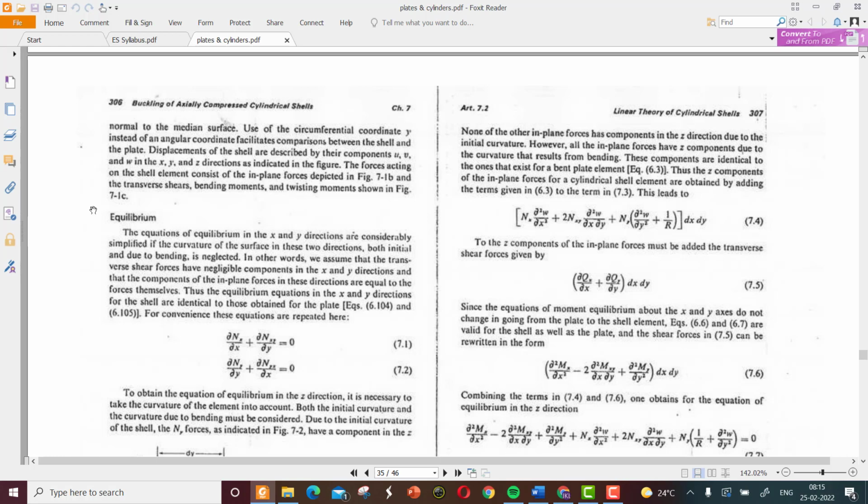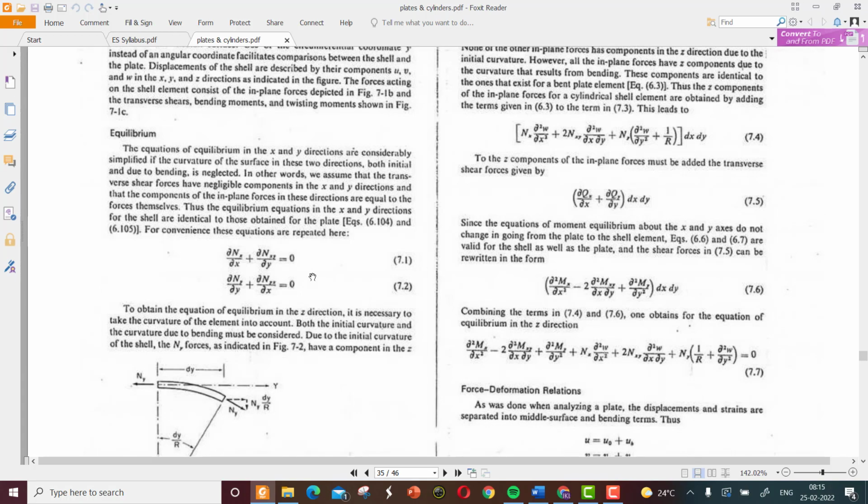Donnell also proposed an equation which is taken from the plate equations and modified for the shells, and the results seem to be very nearly accurate with the real condition. So we are taking Donnell's equation, the linear theory, for the analysis of the cylindrical shells. Most of the equations which we'll discuss here will be from the theory portion of the plates.